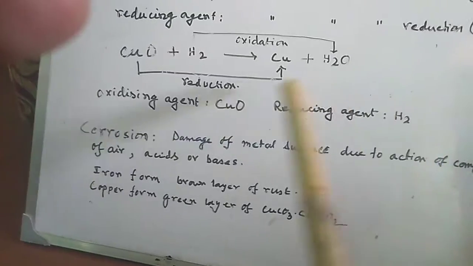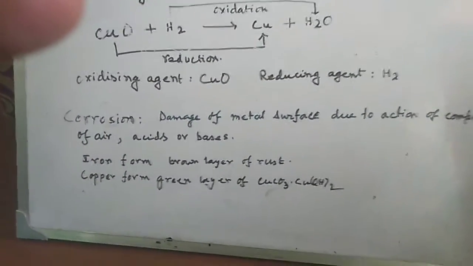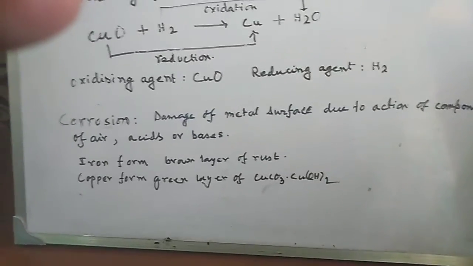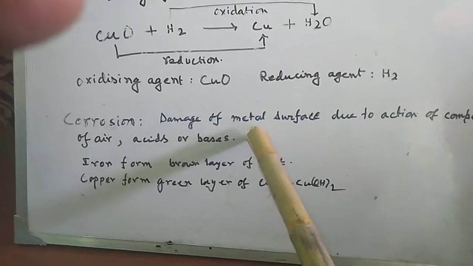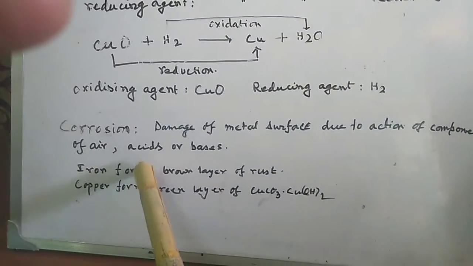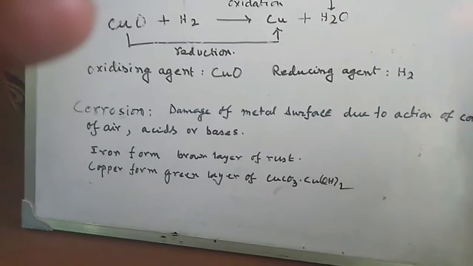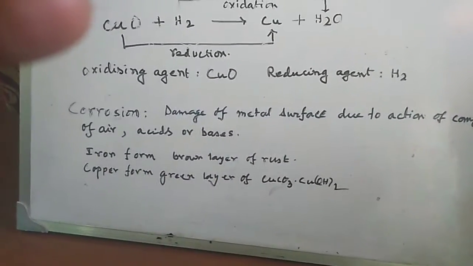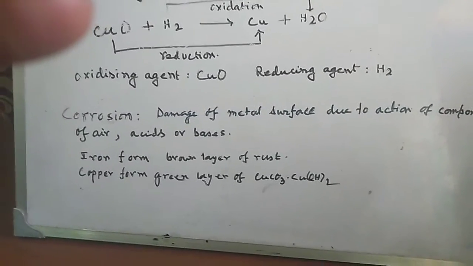Now we come to natural oxidation processes. Two natural oxidation processes. One is corrosion. Corrosion is the damage of metal surface due to action of the components of air, acids or bases. You know that iron forms a brown layer over it if it is exposed in air for a long time, that is rust.